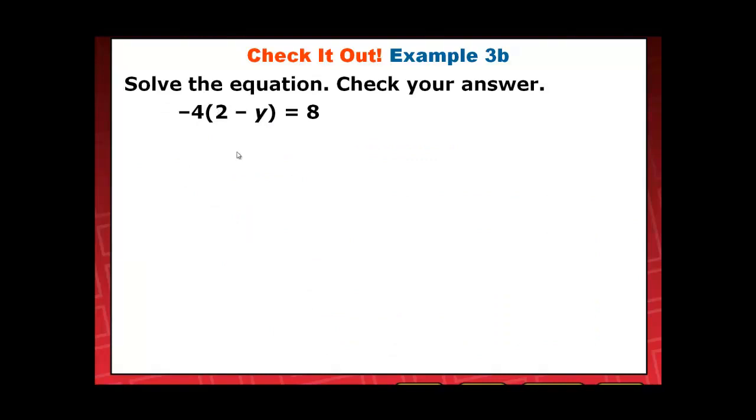Okay, let's take our next question. We have negative 4 multiplying 2 minus y equals 8. What we will do, we will use the distributive property for negative 4 and 2 minus y.